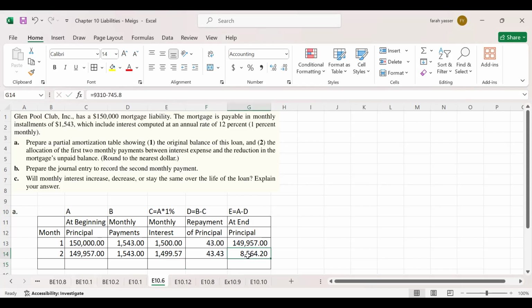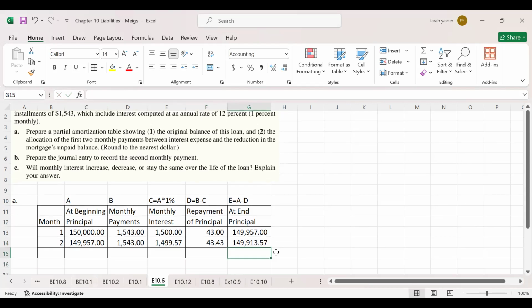The closing balance would be 149,957 minus 43.43. Here it is the closing balance of the principal amount.